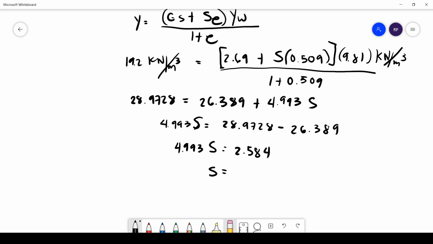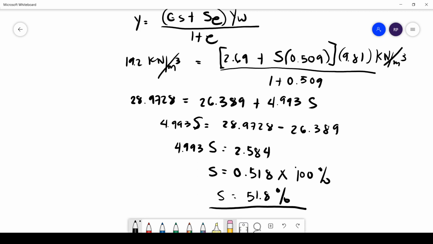So we would have our degree of saturation, 2.584 divided by 4.993. So we have 0.518. Okay, then express it in percentage. So we must multiply it by 100. So that is 51.8%. Yan yung degree of saturation natin.